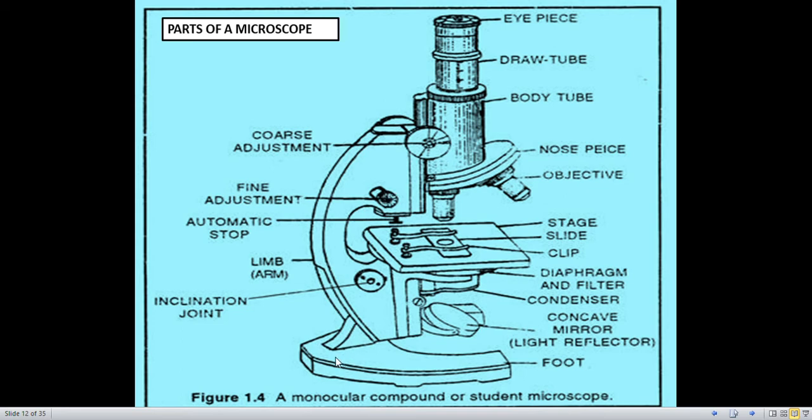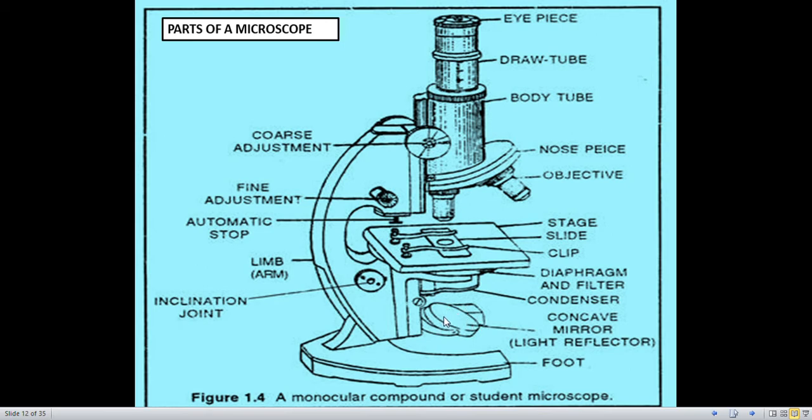right? And this is the foot, and you can see the stage here, and a slide is kept on the stage, and clips are used. Here are two clips which are used to fix the slide, and below the stage you can see the diaphragm and filter and condenser, and a concave mirror or a plane mirror is fixed here.